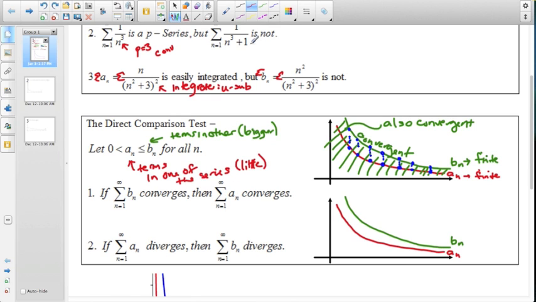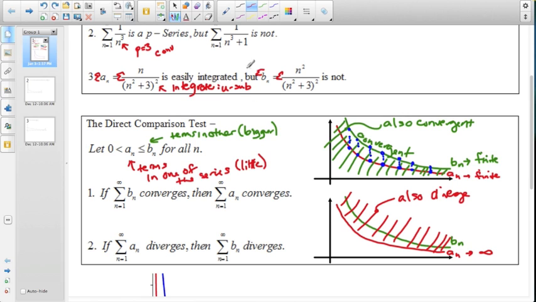Okay, and then we can apply the reverse logic also. If A sub n diverges, and when we talk about diverging, we're talking about the series going to infinity, then we're looking above that function and saying, if A sub n goes to infinity, then all of these series that are located out here also diverge.